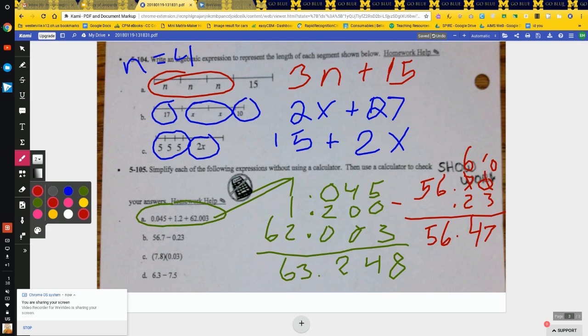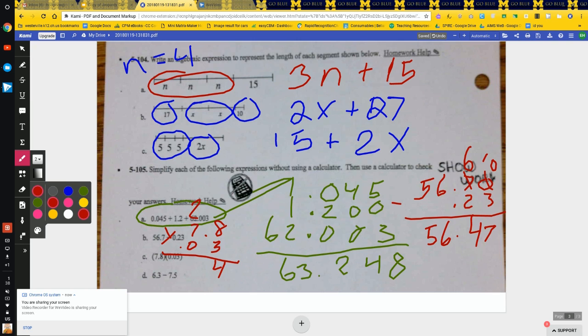Now we're multiplying, so when we multiply, all we got to do is just line up our digits. So I have 7.8 times 0.03. 8 times 3 is 24.